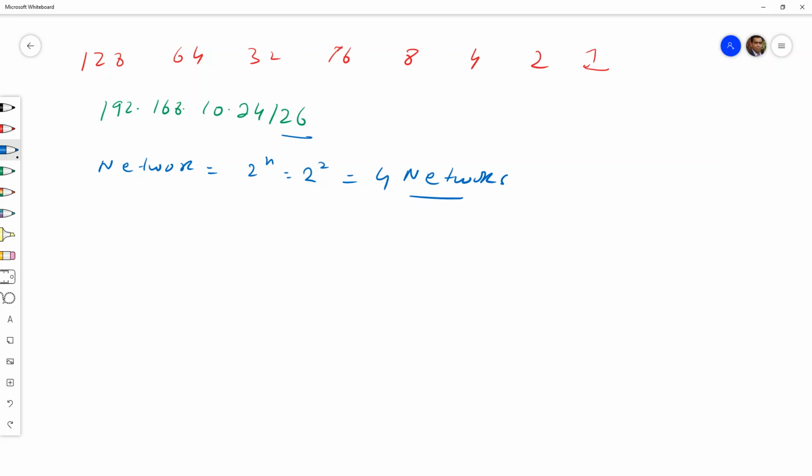Based on the subnet mask, just think of a building, a block of buildings, now equally distributed into 4 blocks. So we will have a total of 4 networks, 4 subnets. Clear? Now the next formula, number of hosts.